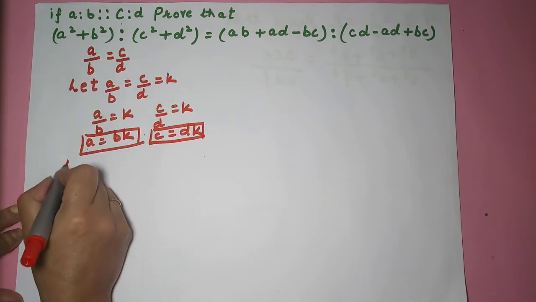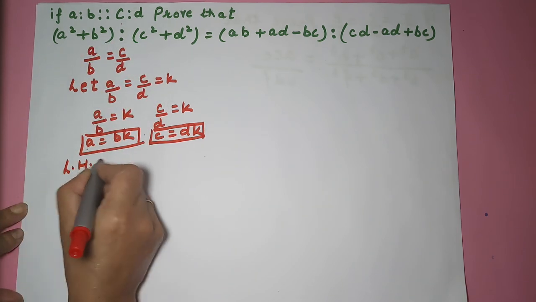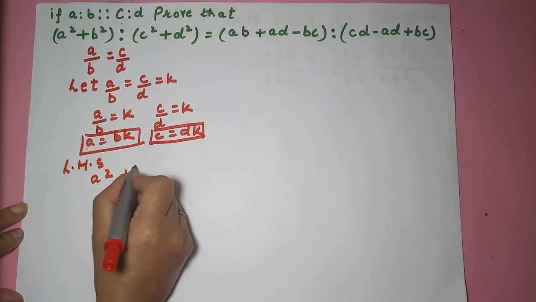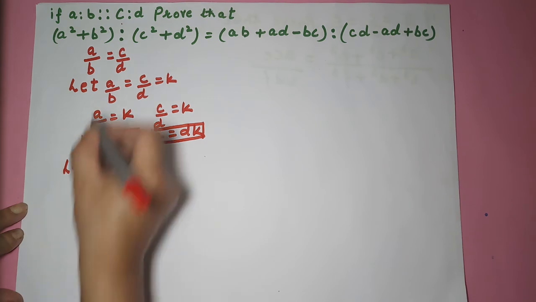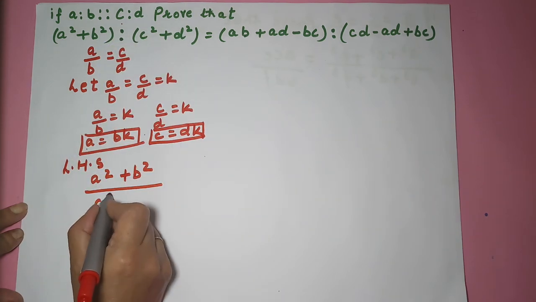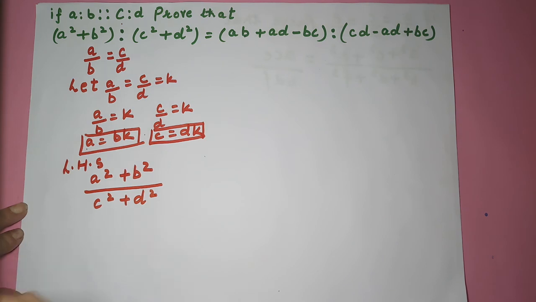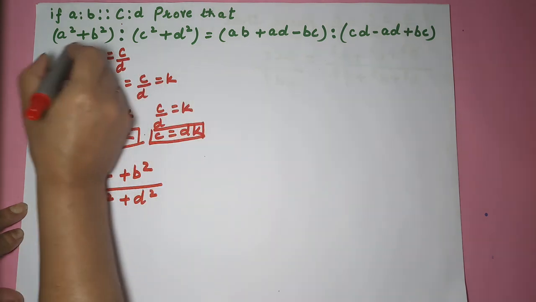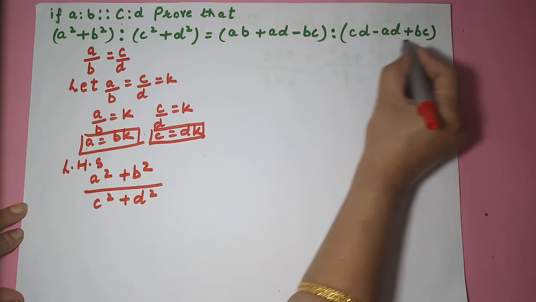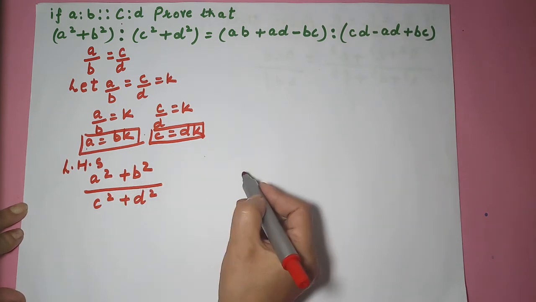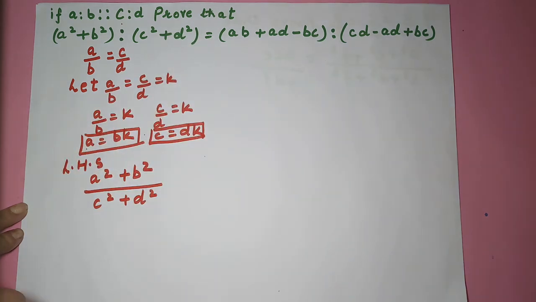Let's take the left hand side now. What is my left hand side? It is A square plus B square divided by C square plus D square. I have to solve this first and then prove that my left hand side is equal to the right hand side. So do not write both the parts at the same time. First you take left hand side.